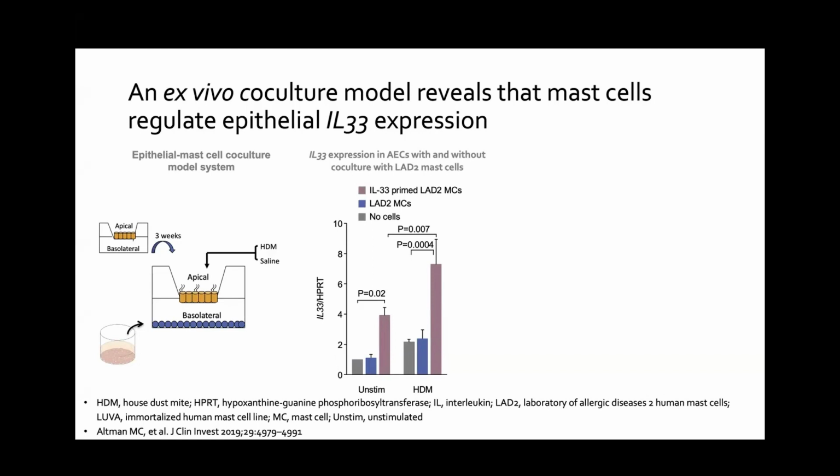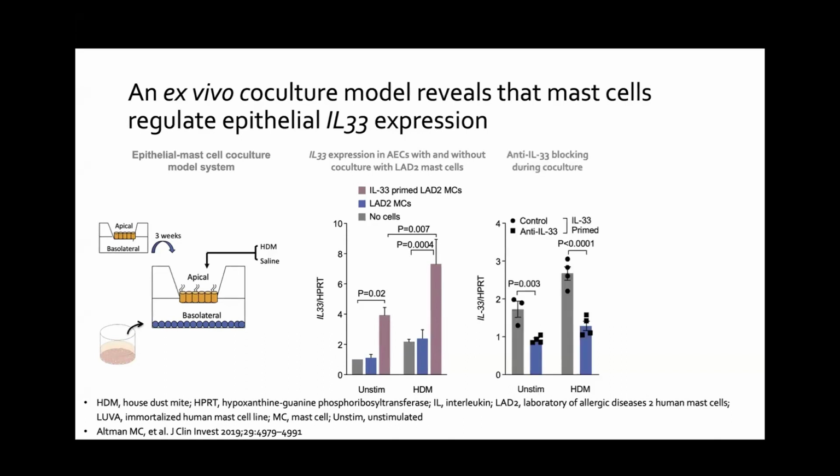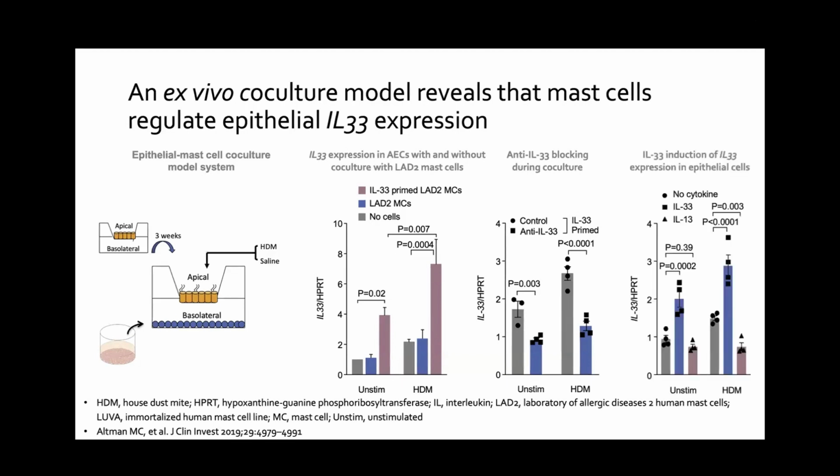So having mast cells there with the epithelium really markedly upregulates IL-33. This is after 48 hours. So this system, once you activate it, if you put an anti-IL-33 antibody in there, you can stop this. So suggesting that it's an active feed-forward loop.